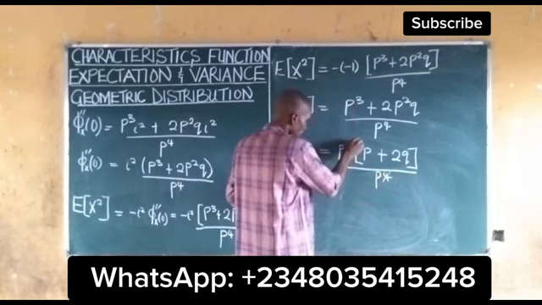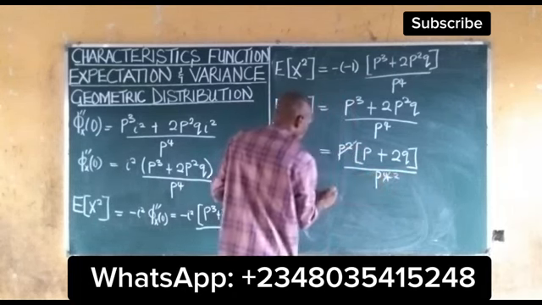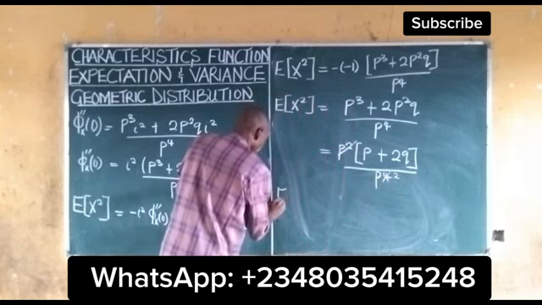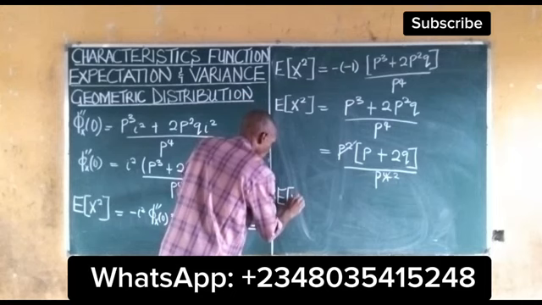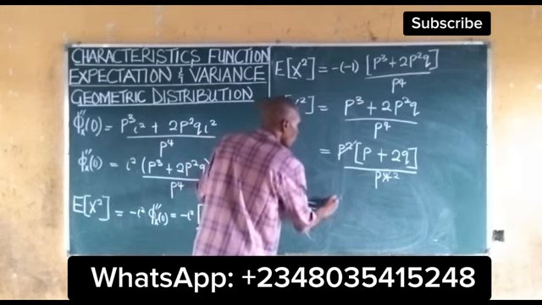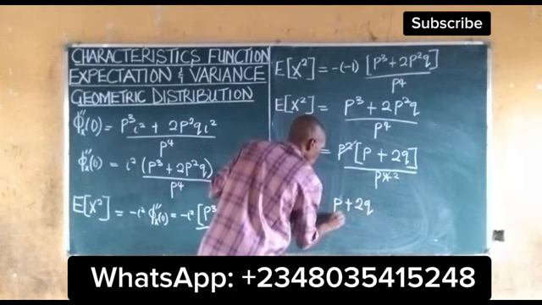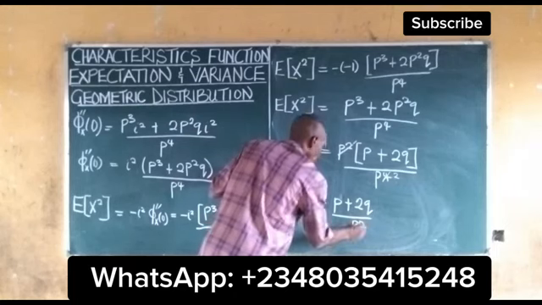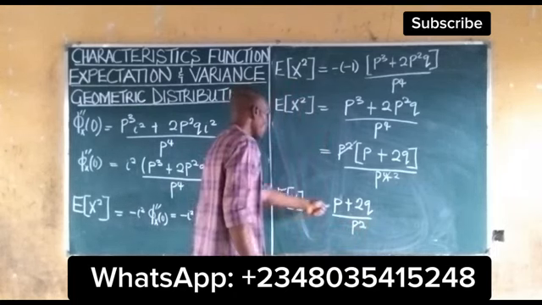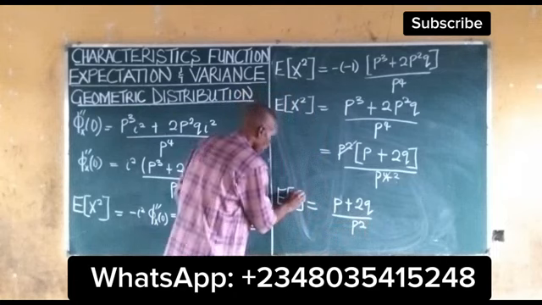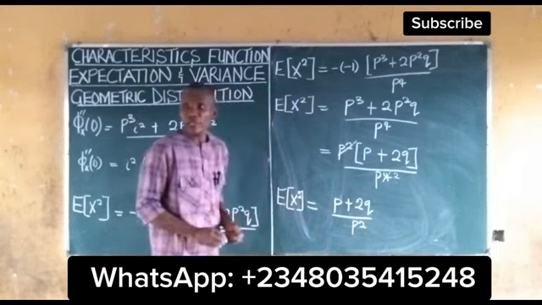Of course, this can cancel this to remain p squared here, which means that our expected value of x squared is equal to p plus 2q all over p squared. So this is what we get for our expected value of x squared.